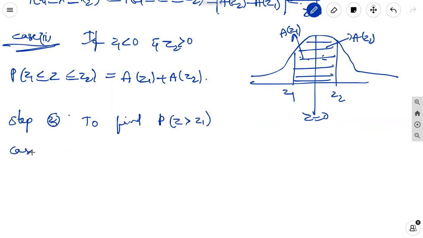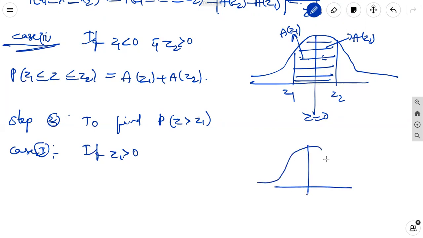In this also, case 1 and case 2 both are there. If Z1 is greater than 0, again we draw the figure. This is Z equal to 0, and Z1 is greater than 0.